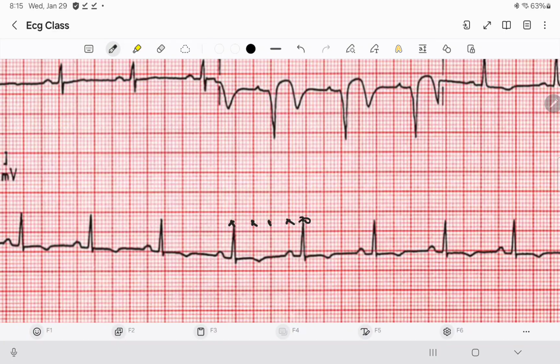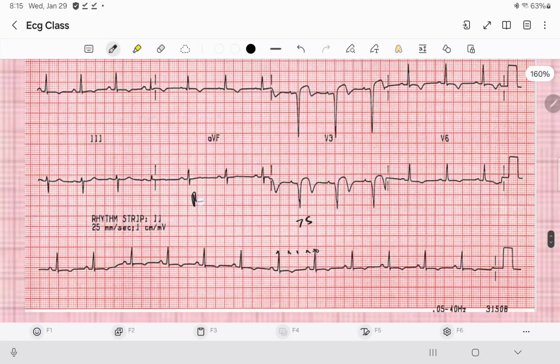Right, so 1500 divided by 20, we did one like that already, so we know it's 75. Okay, so that's the rate. Then we're going to do the regularity, so we know it's regular. And are there P waves before every QRS? It would appear so. Awesome.